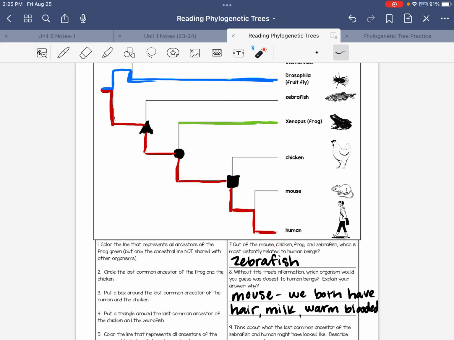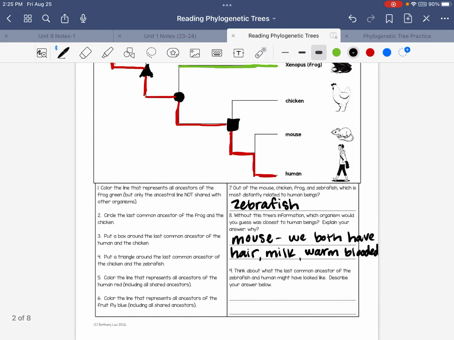And so through that, our human has ended up just looking really, really different than what our ancestor was back here. So we would assume that our common ancestor, the triangle here, was more fish-like than it was human-like.